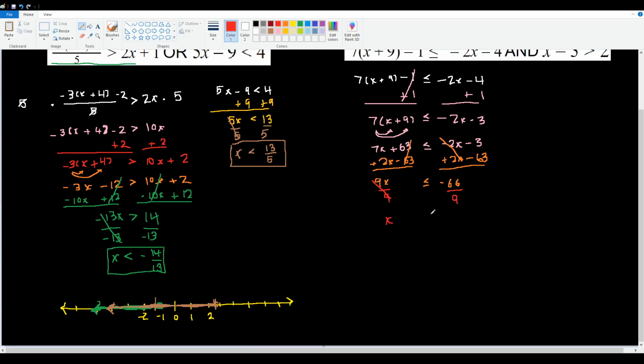The divisor has to be a negative. And we can simplify this fraction if we divide the numerator and the denominator by 3. So we get negative 22 over 3. This is our simplified condition for the left one.